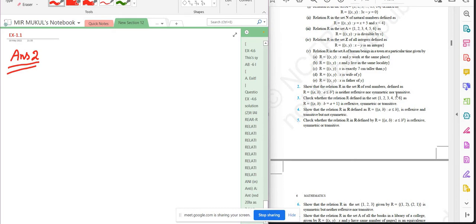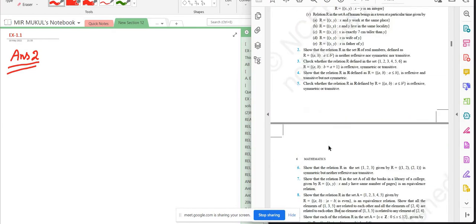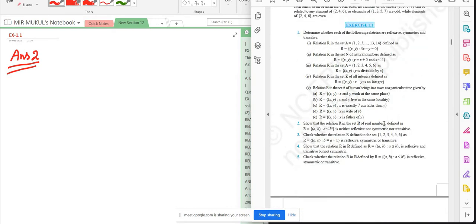So Prince, tell me, if you want to prove it is not reflexive, then you have to find one example, right? Yes, sir. So this is the mechanism. If you want to prove it is not reflexive, then better find one example.